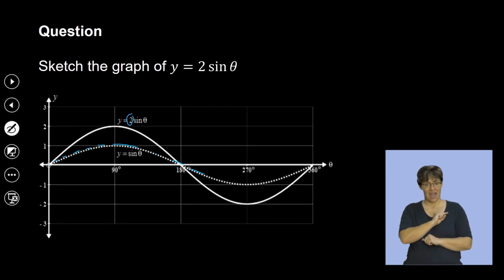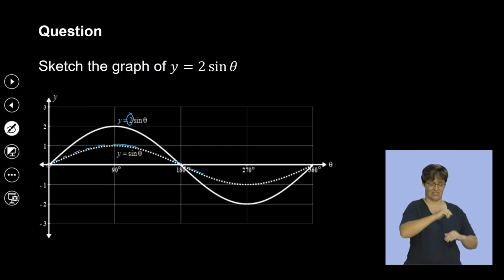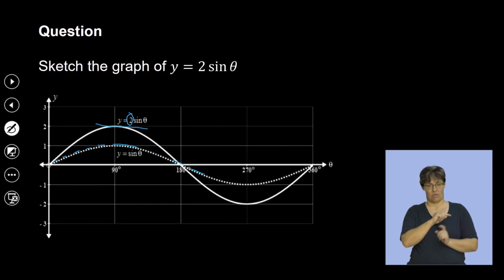But because of this 2, which informs the maximum and the minimum, we are stretching our maximum to be at 2 and our minimum to be at minus 2. Hence, it is going to go up until those points there. And that's what a vertical stretch is about.